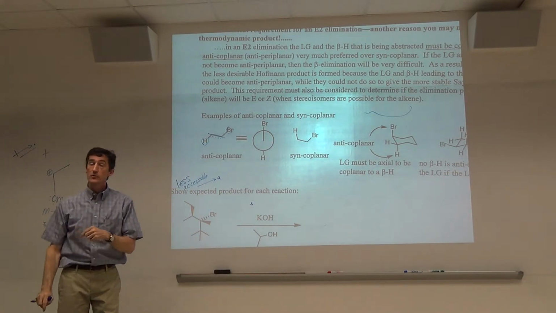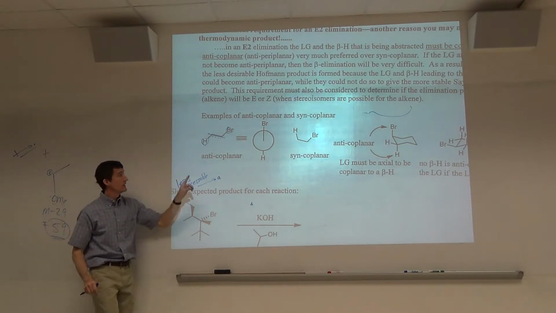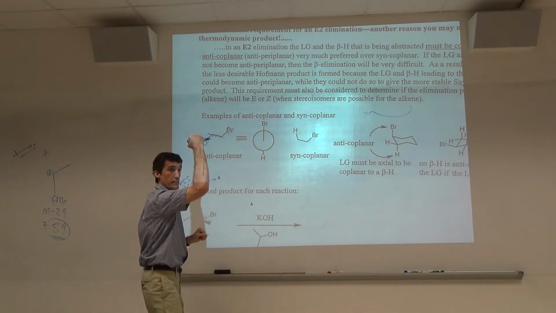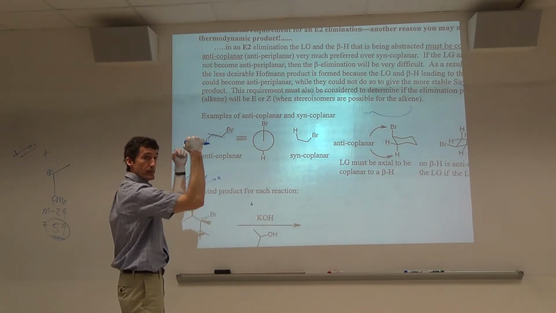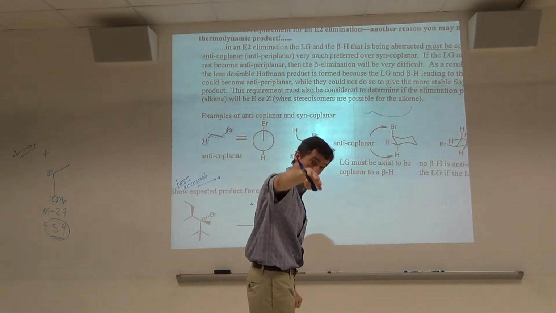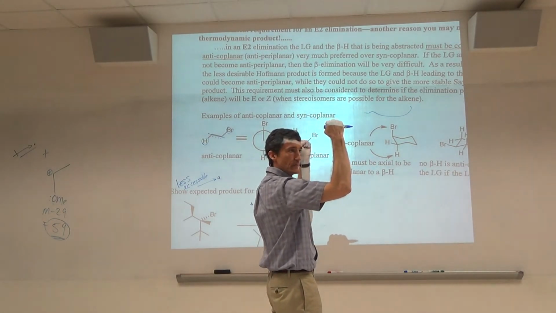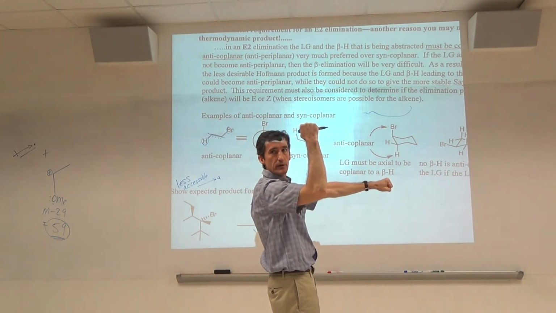If we remember our Newman, if we look down the bond, that's anticoplanar. Br straight up, look down the bond, the H is in the back. See, here the plane is right through this rail here. Both of these are on the plane, so they're coplanar. If one was like that, they're not coplanar.